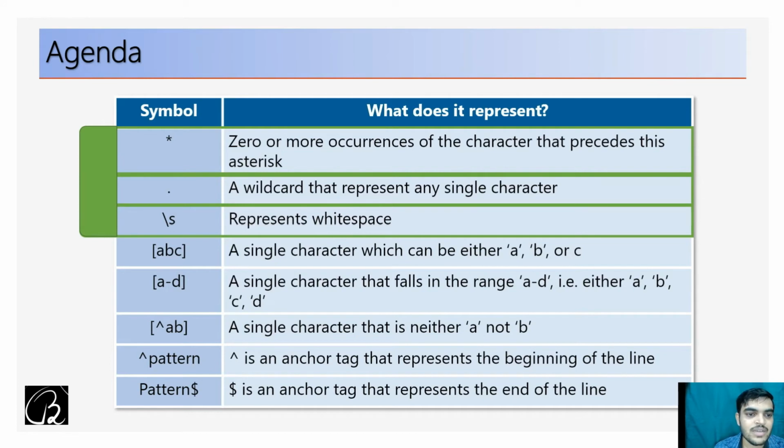Not only that, we have also seen how to write a regular expression pattern using the combination of them, like dot star, \s star, etc. In this video we will talk about the 4th symbol. We will see what it represents and how to use it in order to write a regular expression pattern using an example.